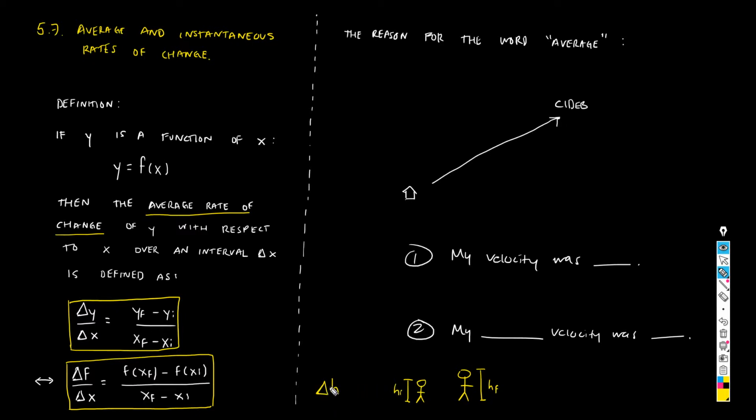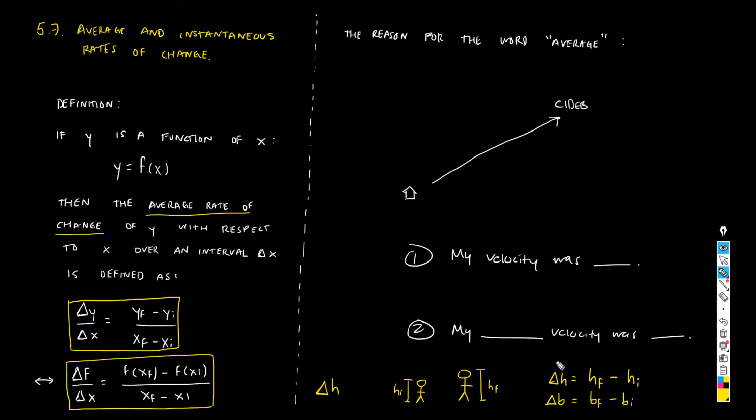By definition, delta h, or delta of any variable, is the final value of the variable, in this case the final height, minus the initial value of that variable, in this case the initial height. It's the same for any other variable. If you have a bank account with a balance, you may talk about delta B, the change in balance, which is your final balance minus your initial balance.